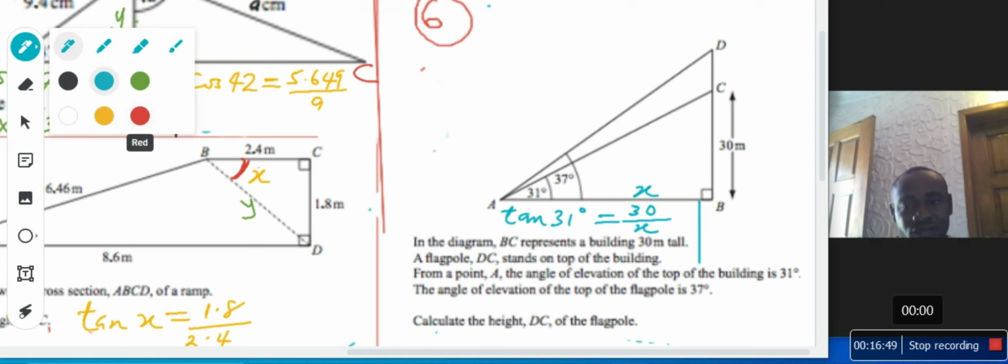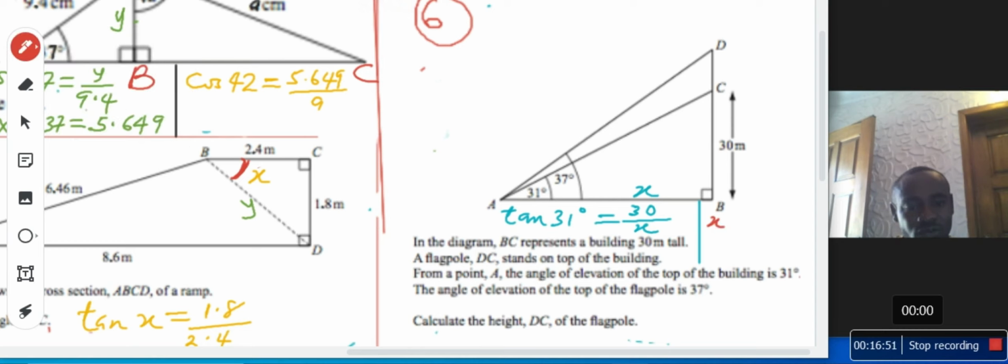X will be equal to 30 over tan 31. If you solve it, what does that give? About 50.